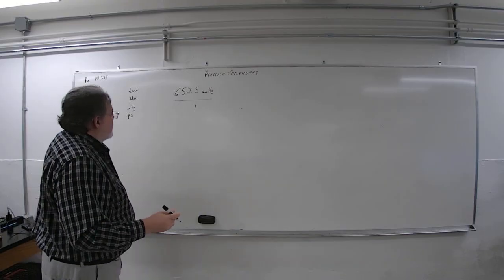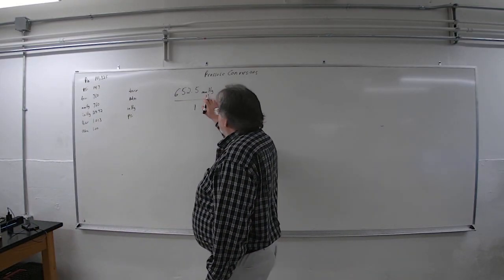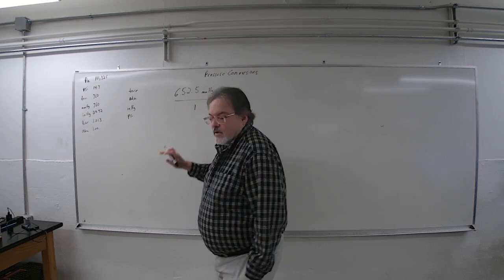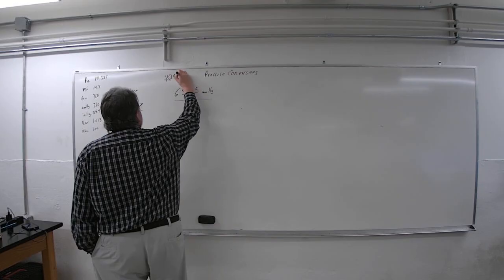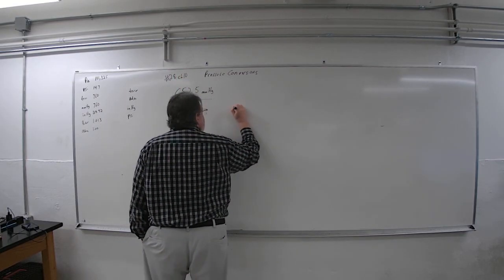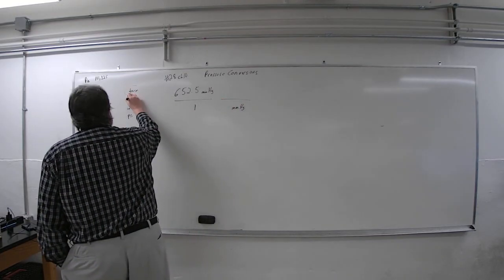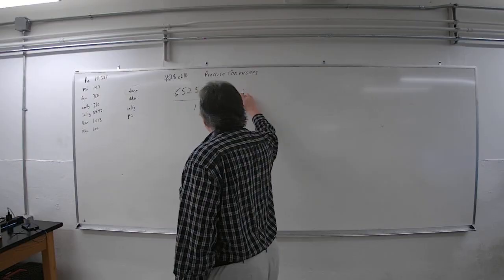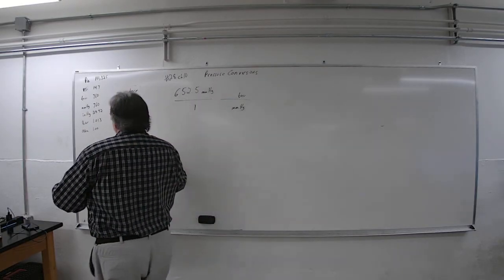So to convert for all of these, we're in millimeters of mercury. So I'm going to put millimeters of mercury down here. And if I want to put that in torr, I have to put torr up here. And that's these numbers that I'll give you on the test.